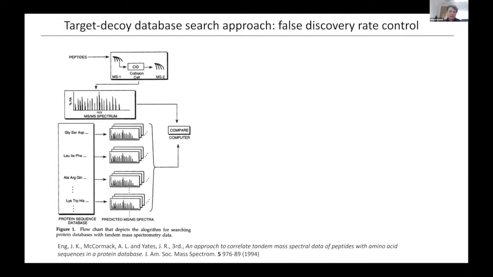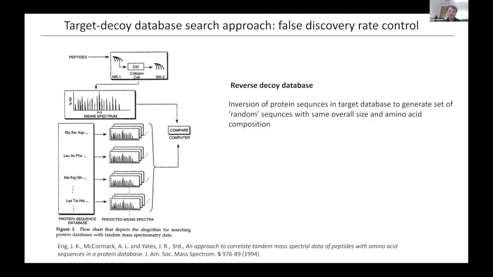Now, one important concept that's also used in this approach is to generate a false discovery rate, or FDR. The way that's commonly performed is to essentially take the same sequences from the protein sequence database, also called the target database, and then try to generate a set of random sequences. The way that's usually done is by inverting the protein sequences and generating tryptic peptides from these inverted sequences.